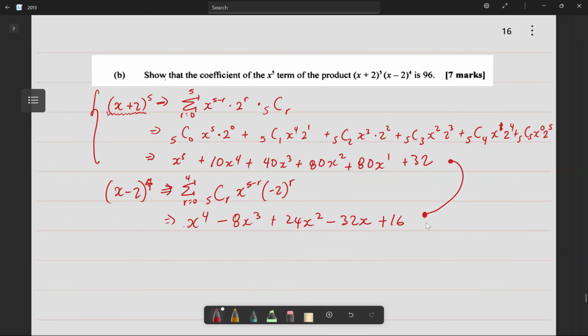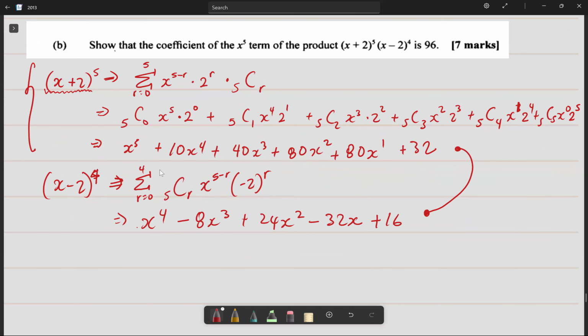Okay, so the quickest way to show you guys that makes sense, I can use a different color.